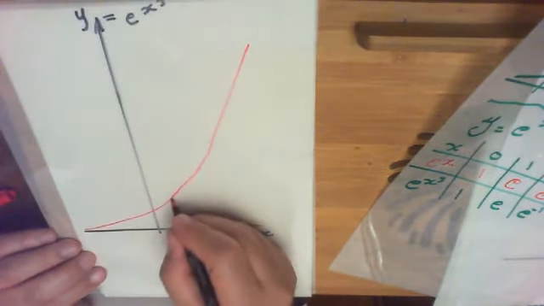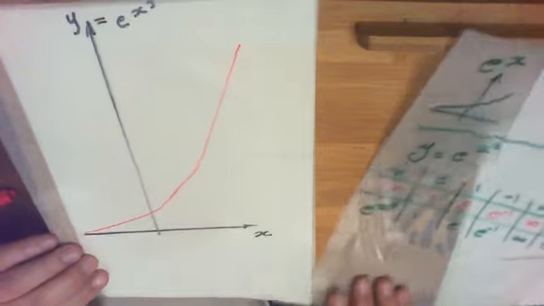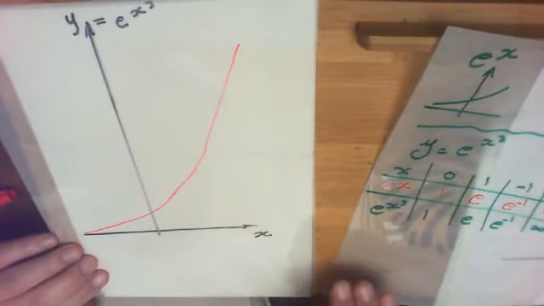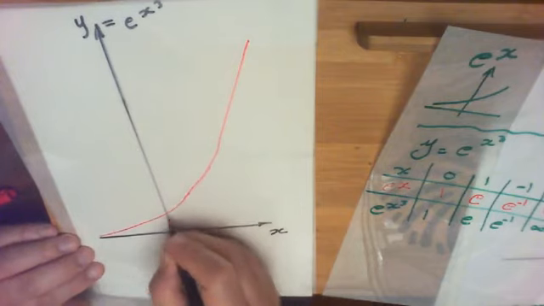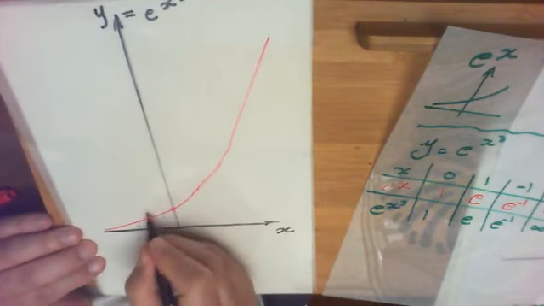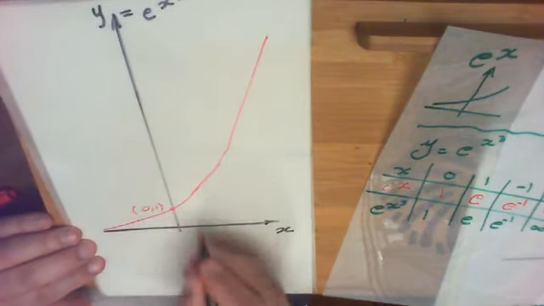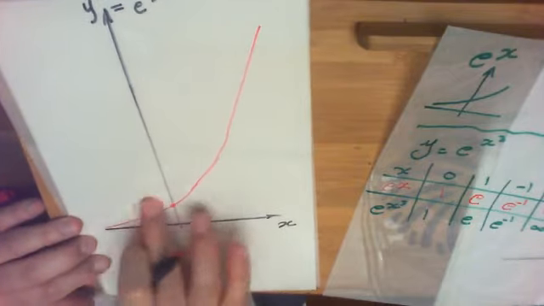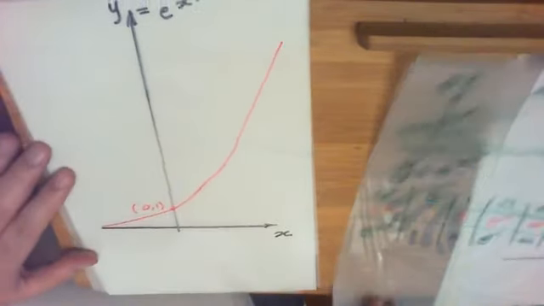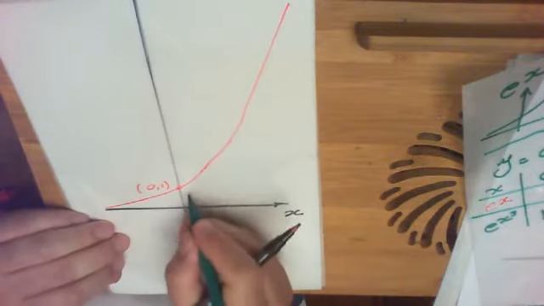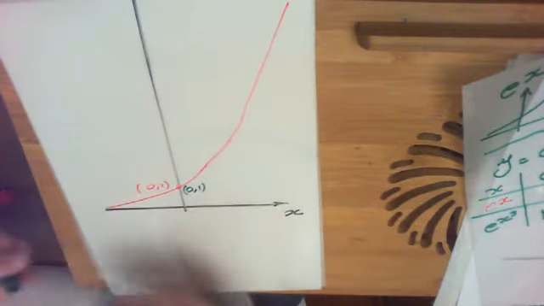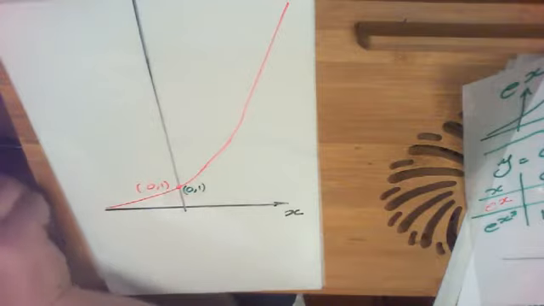And as I told you, it will intersect at this point, which is 0, 1. This point is 0, 1.